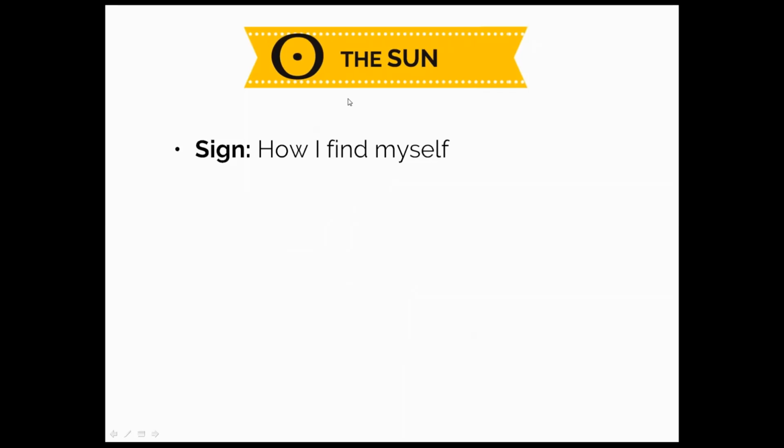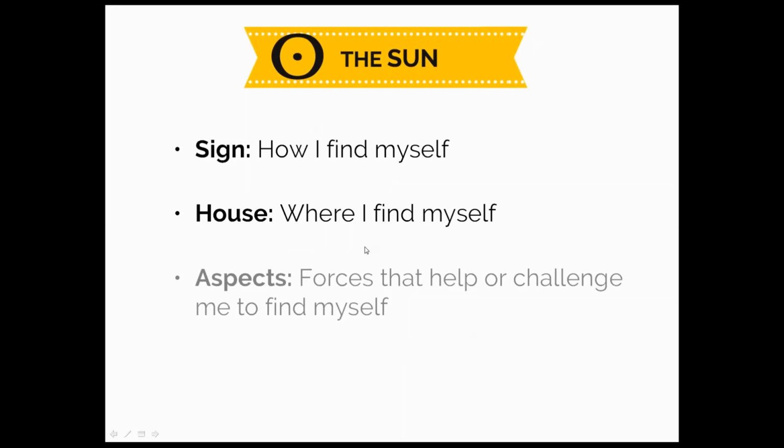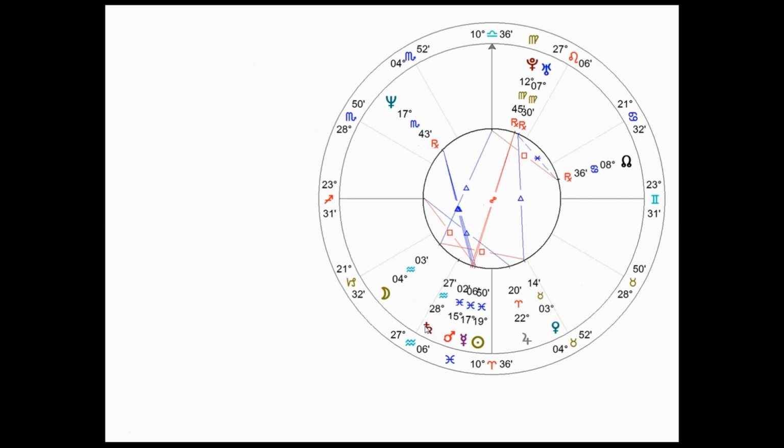The sign that the Sun is in says this is how I find myself. The house is this is where I find myself. And aspects to other planets describe the forces that help or challenge me to find myself.